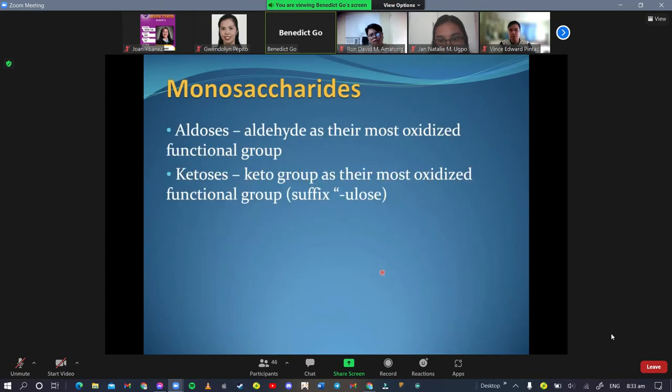All right. Now, the difference between aldose and ketose is that in the aldose, the aldehyde is the most oxidized functional group. In the ketose, the keto group is the most oxidized functional group. And usually the ketoses will have the suffix -ulose. Usually, not all. There are exceptions to this.